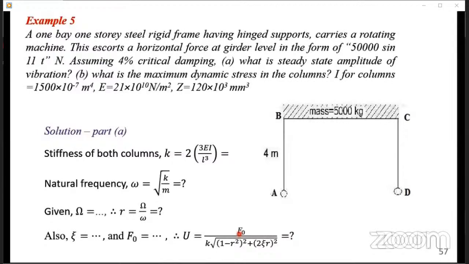If you use the expression you have stated, you'll find that your F naught is different, while F naught is supposed to be a constant, as in the problem we have just solved, where we found that F naught is equal to 50,000.